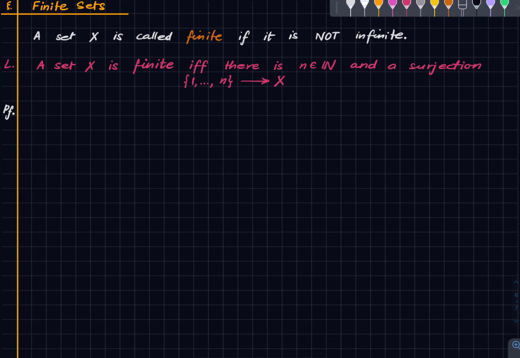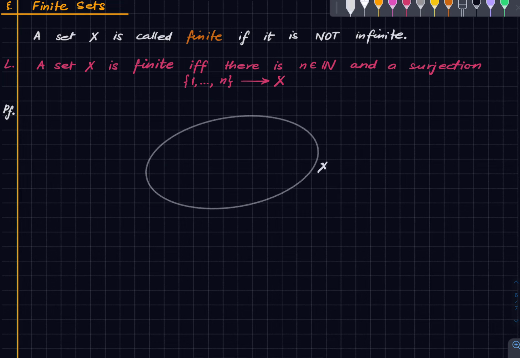So if there is such a surjection, then x cannot be infinite. That should be clear. For the other direction, suppose x is finite, then we want to prove that there is such a surjection. Assume there is no such surjection, and we have this blob to denote the set x.